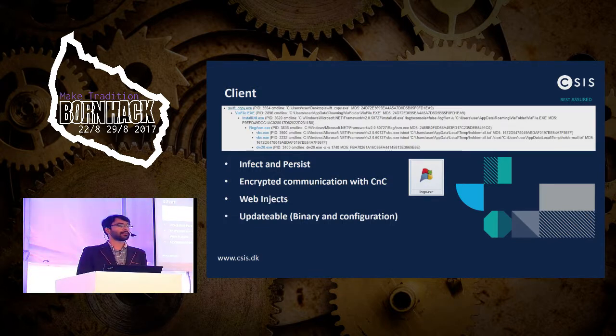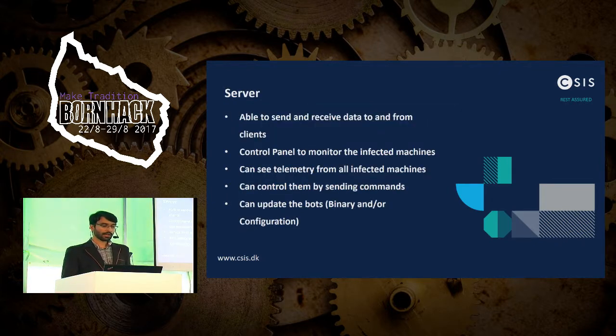And finally, the malware should be updatable, so the criminals can update the binaries, and they can also update the configuration, and that should propagate to the whole botnet, because it's extremely important as many security companies and police and different law enforcement agencies are working to take down the malware, and the ability for malware to update itself is extremely crucial in surviving those attempts. Now let's look a little bit at the server.